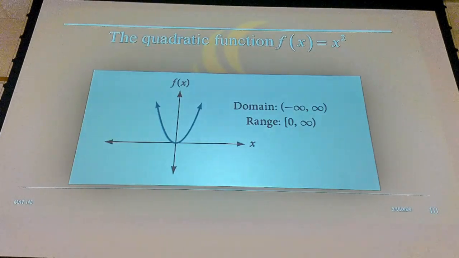By the way, every function of the form x to the n where n is even and greater than or equal to 2 looks pretty much the same. It just flattens out the bottom of the bowl, let's call it. We'll examine that when we look at the power functions when we study polynomials.